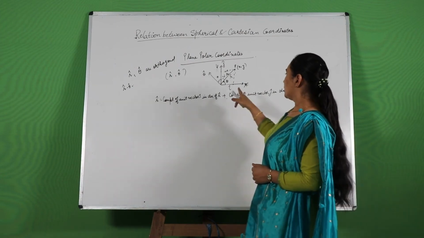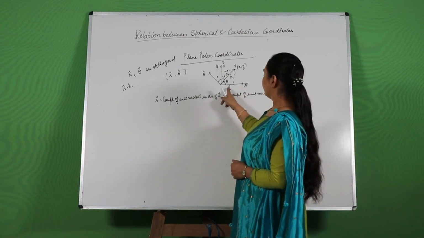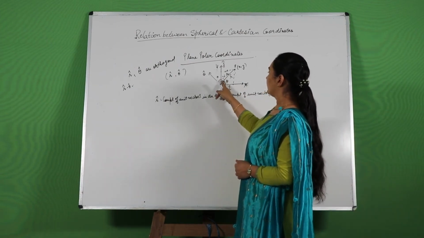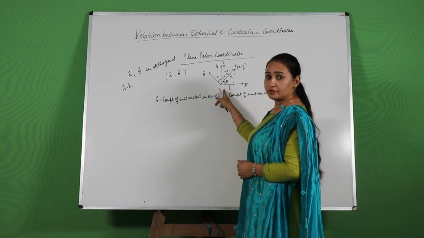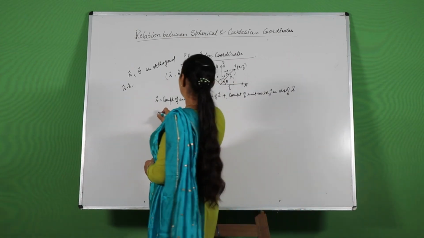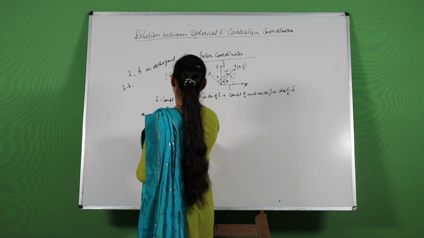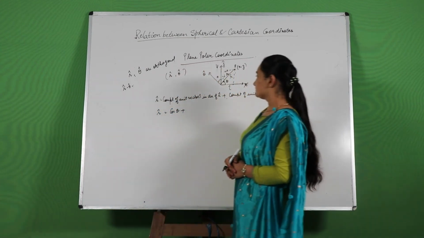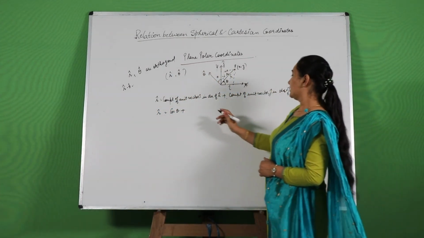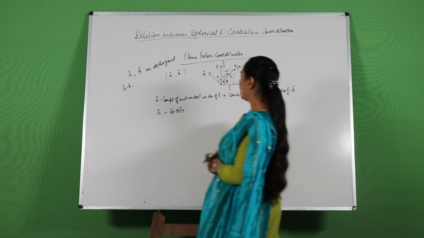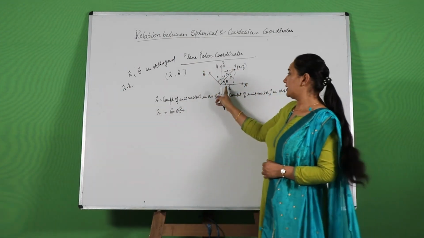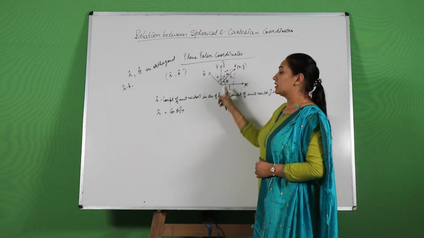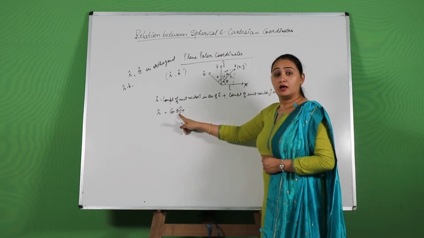The component of unit vector i cap in the direction of r cap is making directly an angle of theta. So r cap will have cos theta into i cap. i cap is making an angle theta directly with the r cap, so it will be cos theta i cap.